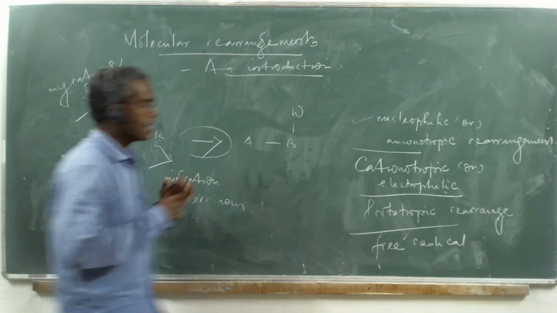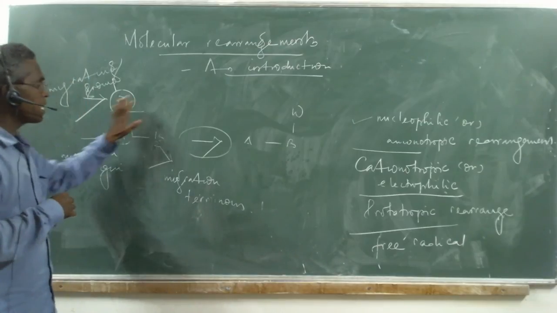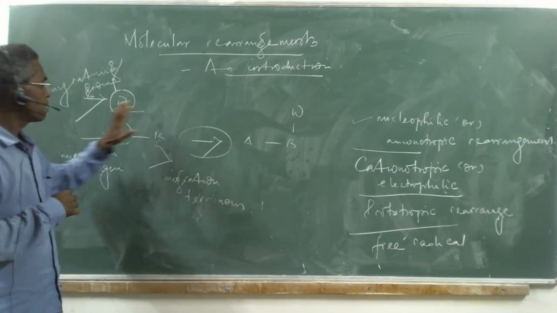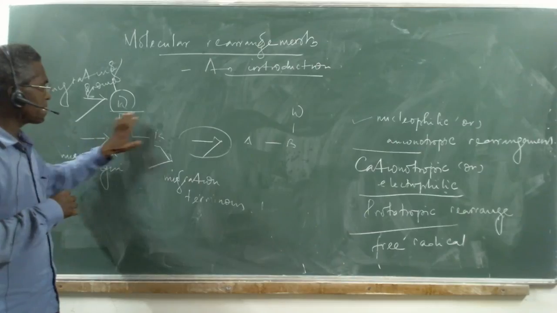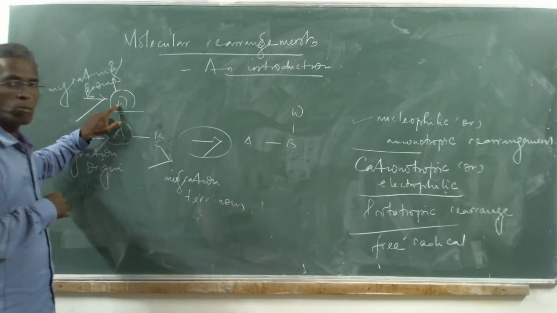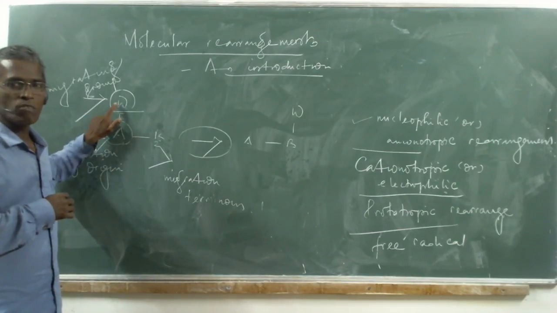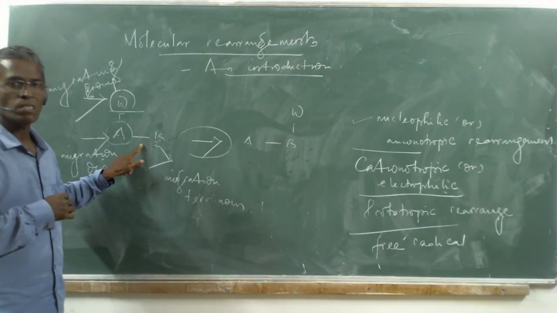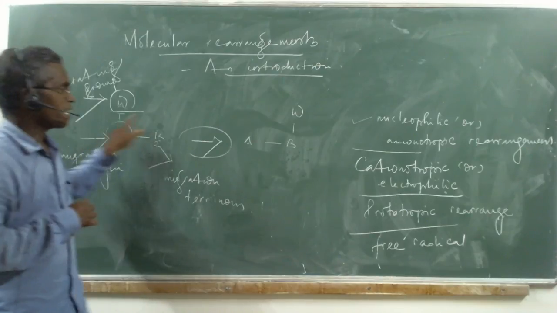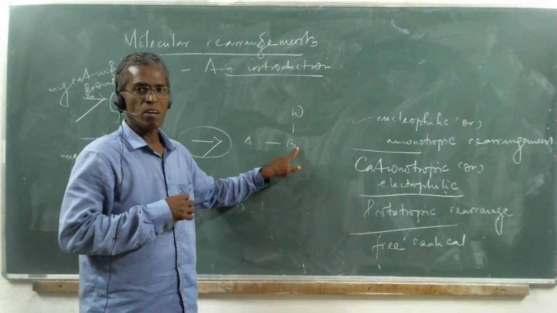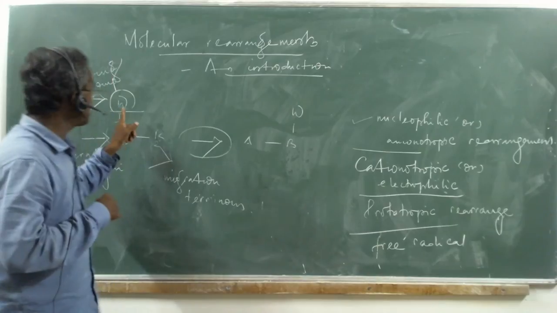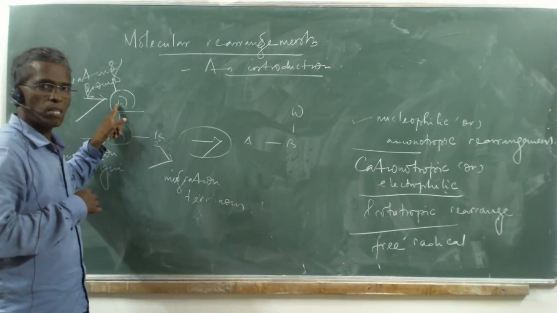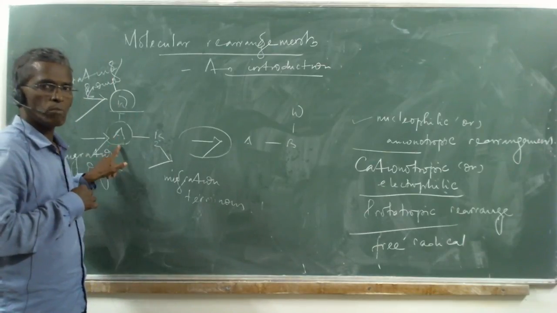So I repeat again, the concept of molecular rearrangement is very simple. In molecular rearrangement, a group called the migrating group moves from position 1 to 2 within the molecule, so that finally we get a rearranged product, because the rearrangement takes place by moving the W, the migrating group, from position 1 to 2.